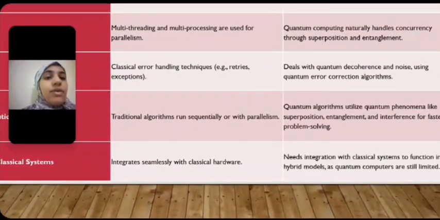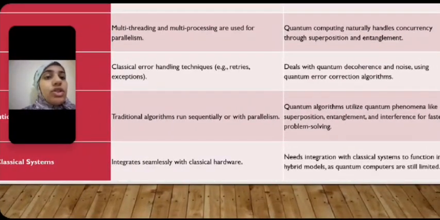And for classical, traditional algorithms run sequentially or with parallelism, but quantum algorithms utilize quantum phenomena like superposition, entanglement, and interference for faster problem solving. This is the same thing I discussed about the library and books.